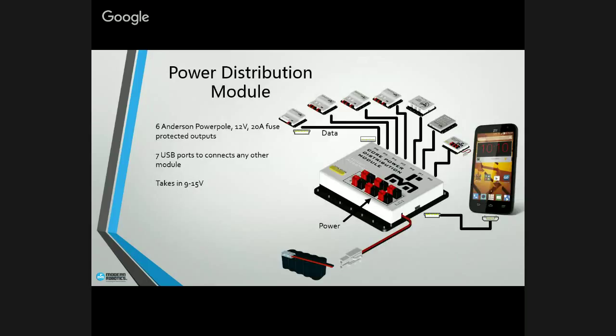And we have a 7-port USB hub. Now this hub is just considered a general USB hub. As you can see in the picture on the very right, there is another power distribution module. You could branch another power distribution module off of it or a generic USB hub if you needed more ports. And this whole module takes between 9 and 15 volts, so you could run legacy equipment with 9-volt batteries on it.